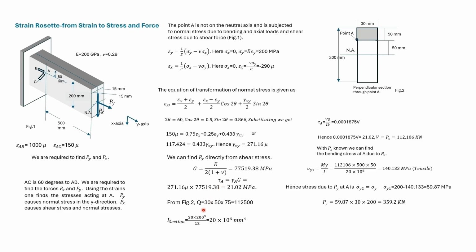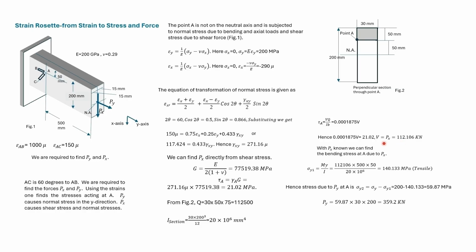Here we have obtained Q of this shaded portion and I of this whole section. Substituting in VQ by Ib, we get tau at A in terms of V. We already have the shear stress at A, and equating, we find V or Px, this value.